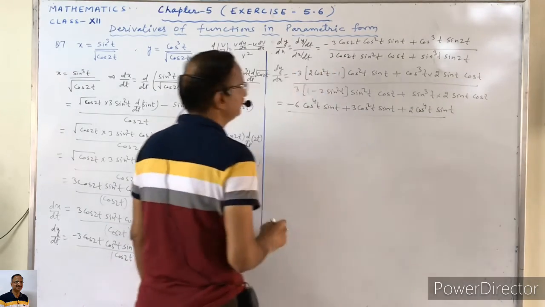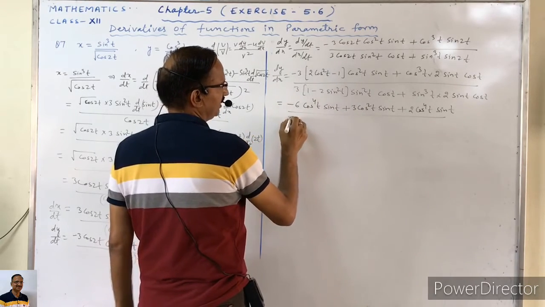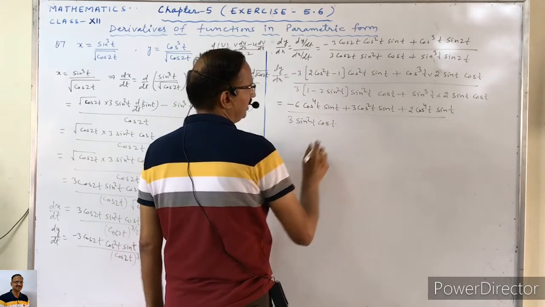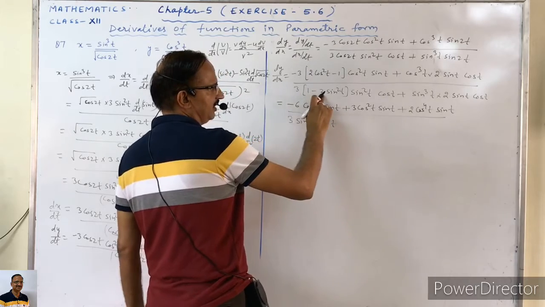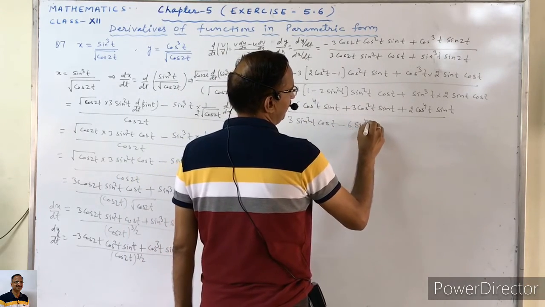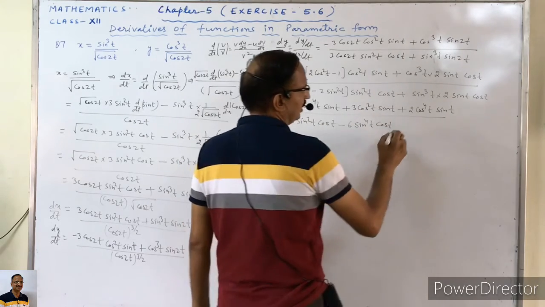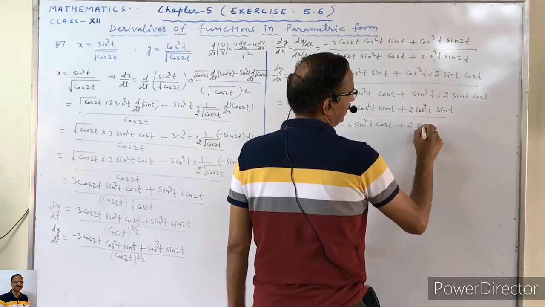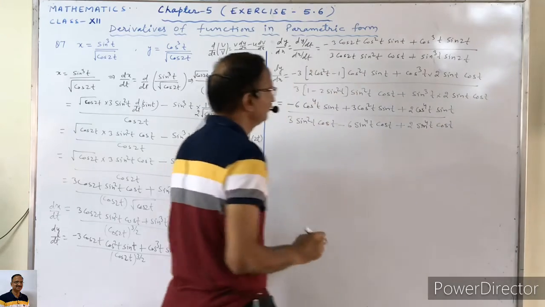In the denominator, when we multiply this with the first term, we will get 3 sin square t cos t. When we multiply this with the second term, 3 multiplied by minus 2 is minus 6 sin raised to power 4 t and cos t. And here we have 2 sin raised to power 4 t and cos t.